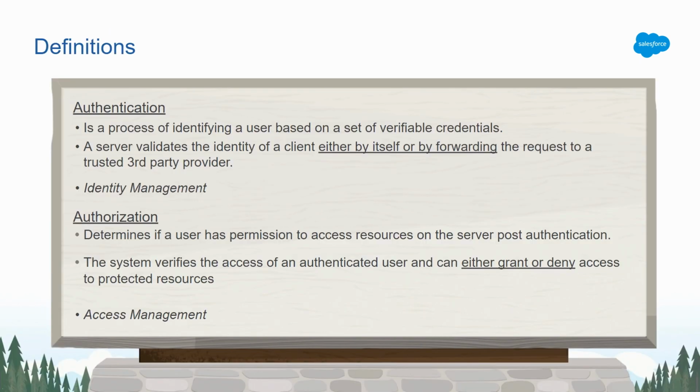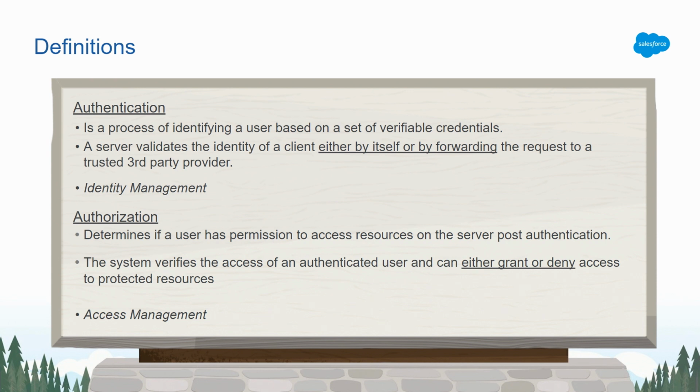So quickly, the definitions of these. Authentication verifies a user based on a set of verifiable credentials. So when you have a server and a client, the server is trying to identify the identity of the client, and it does that either by itself or by forwarding that request to another provider. So authentication broadly falls under the domain of identity management.